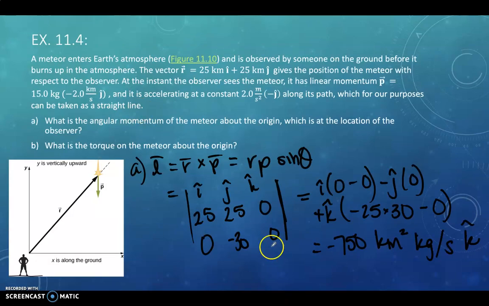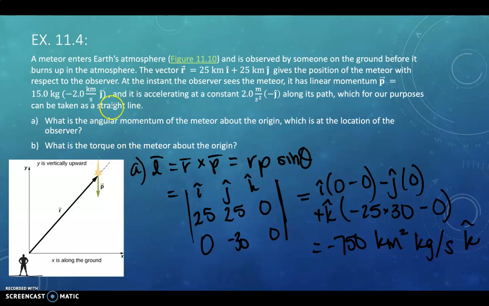Right now we have L at just one spot, but we need to look at our momentum and our velocity so that we can find the torque about the origin.